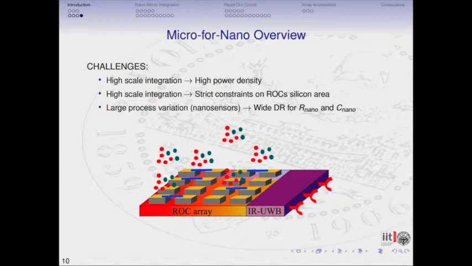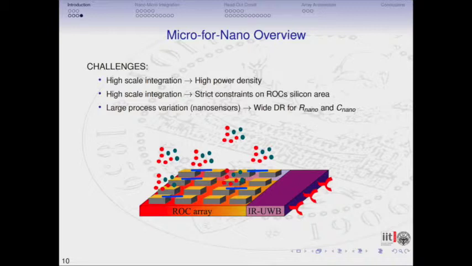But this design shows some challenging design aspects. For example, a high-density array can have problems of high power density. So your circuit has to be low power to reduce this issue.